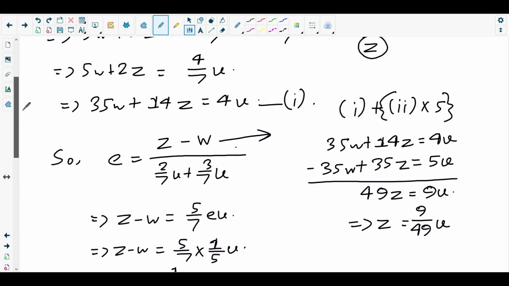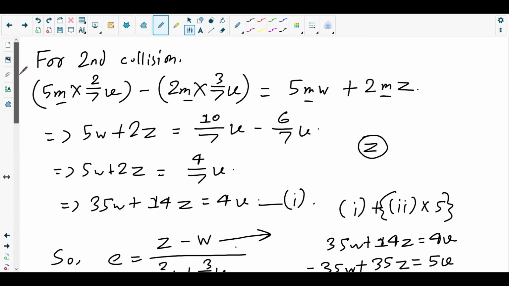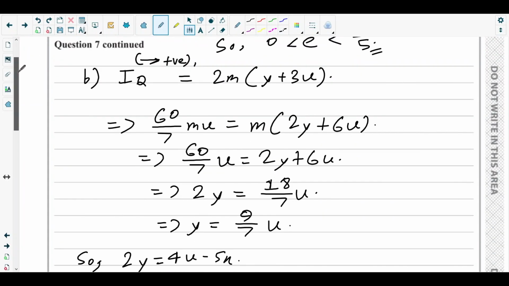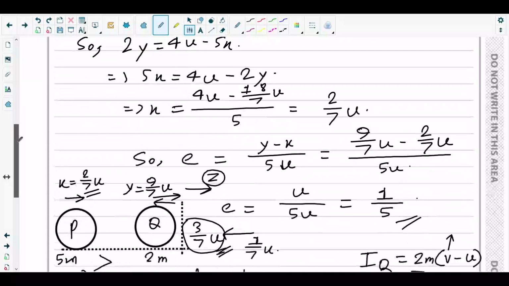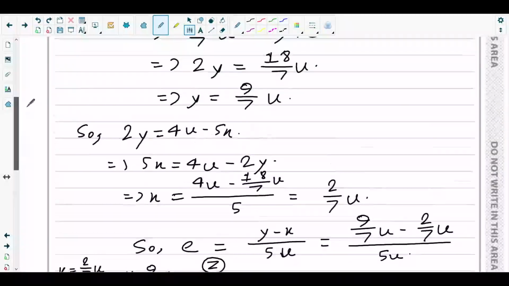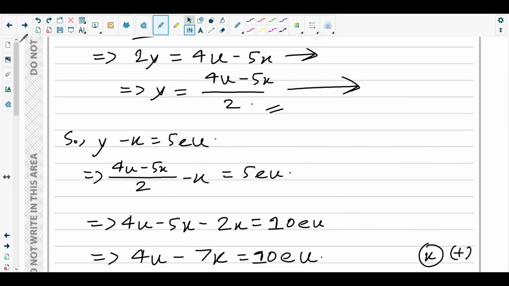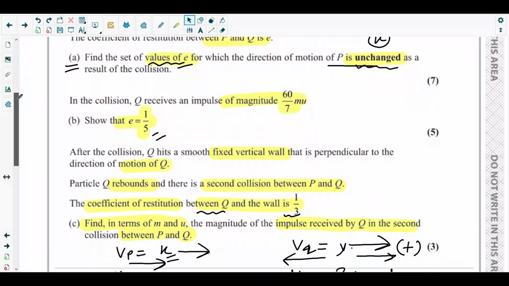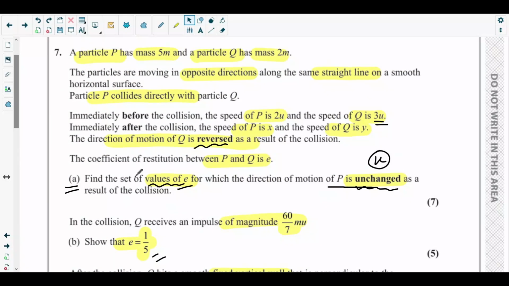The workings were too long for 3 marks, but still, for the second mark you have to do this whole calculation, and that's the answer for part C, and that's the end of this paper, the M2 October 2024 paper. Fine.